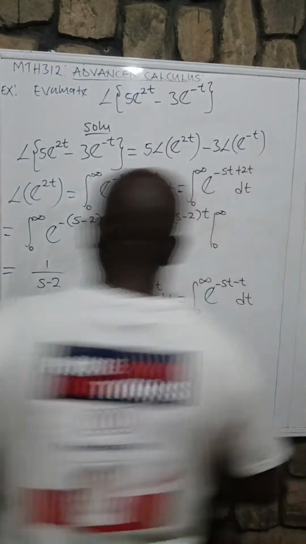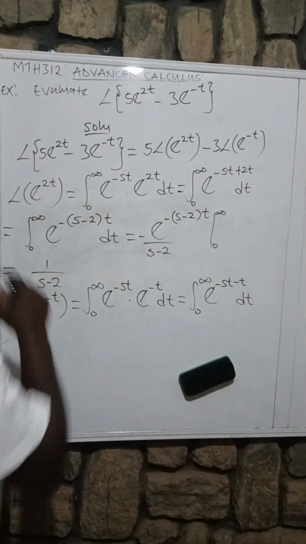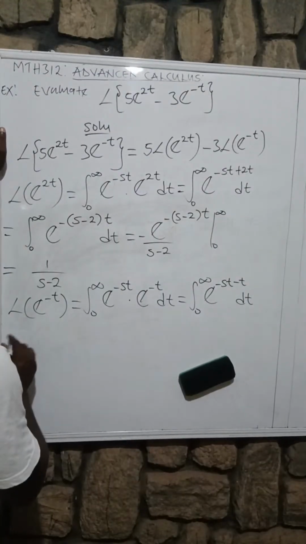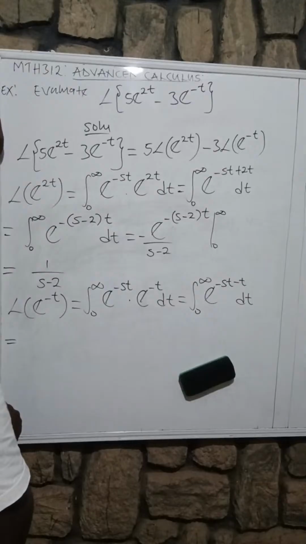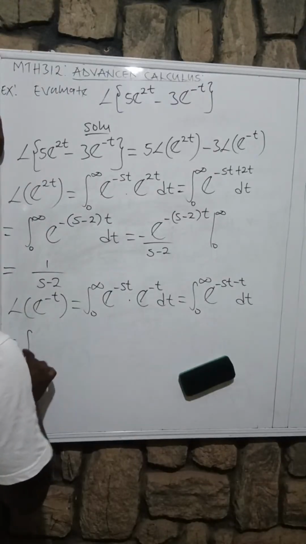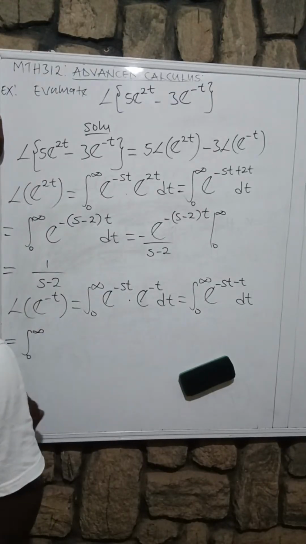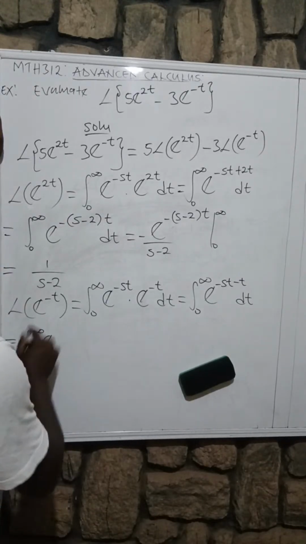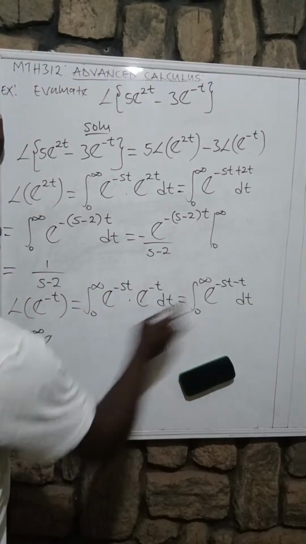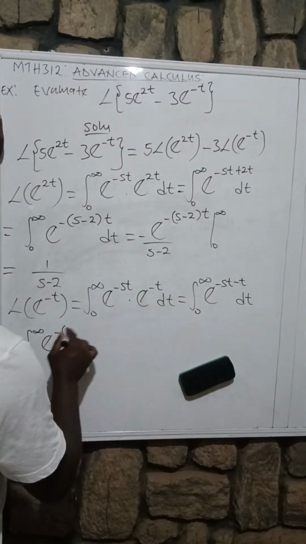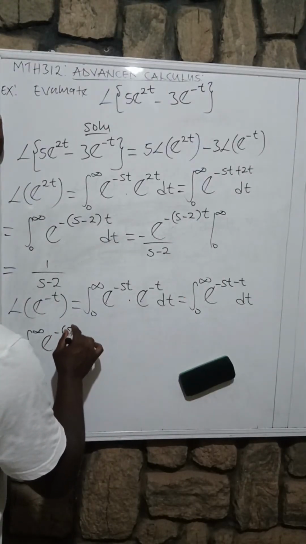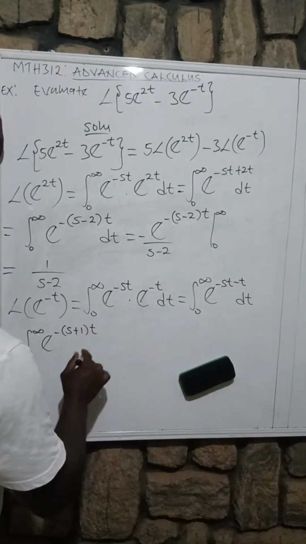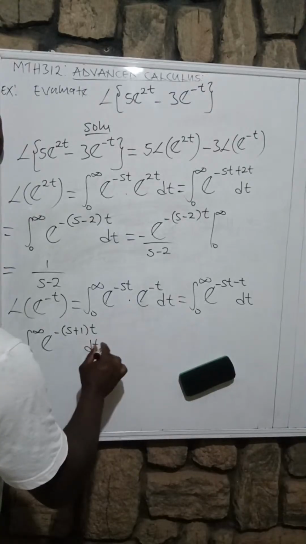It's okay. So here, now this is equal to integral 0 to infinity minus open bracket s plus 1, right? Factor t, then the dt.